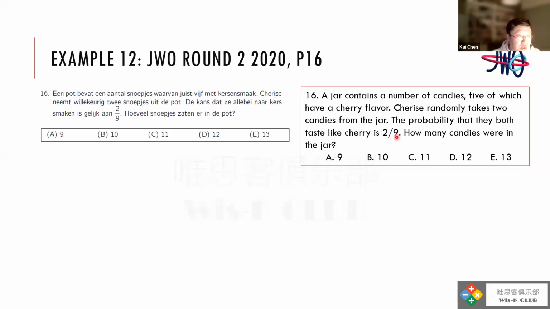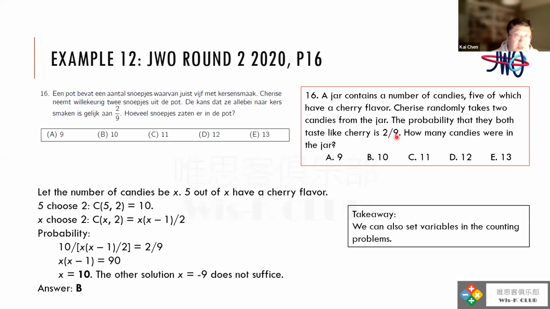But in this case, we don't know the number of candies first, but we can assume the number of candies as X. So out of the X, only 5 candies have cherry flavor.